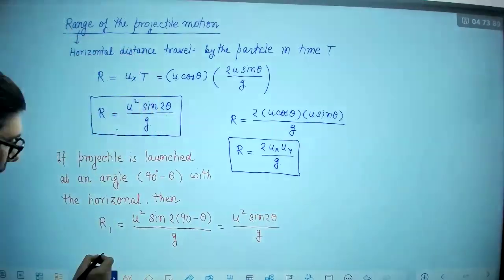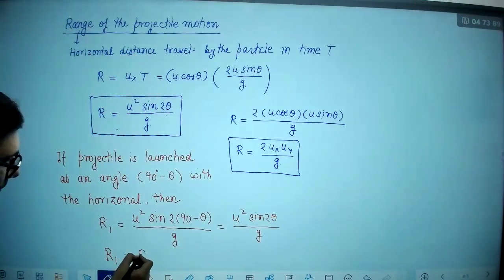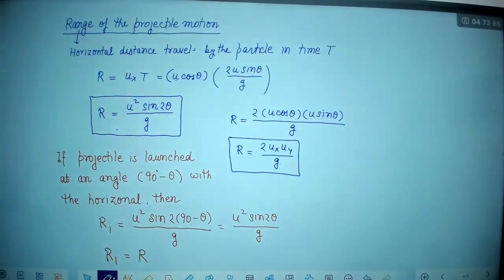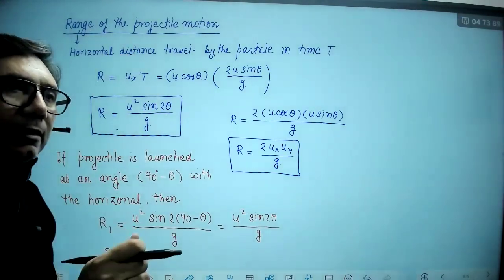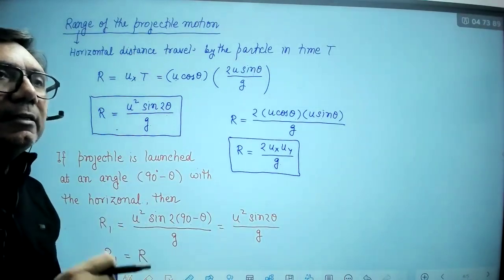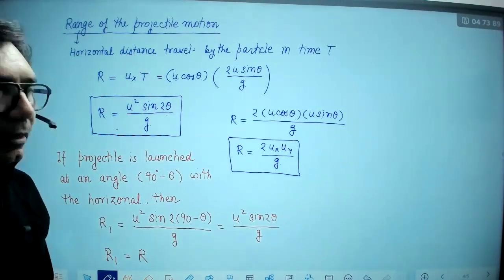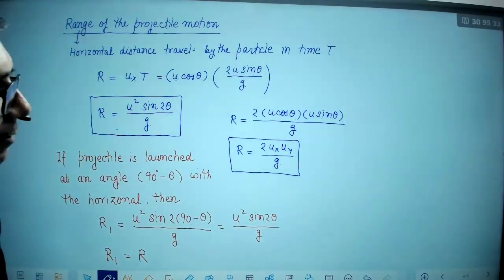So even in this case, the range remains the same. The range of the projectile motion will be the same for the projection angles theta and 90 minus theta, if the initial velocity is the same.